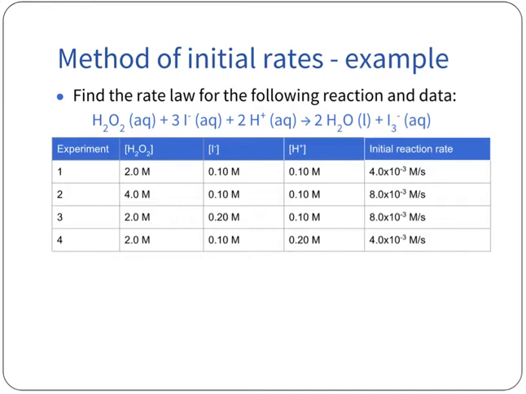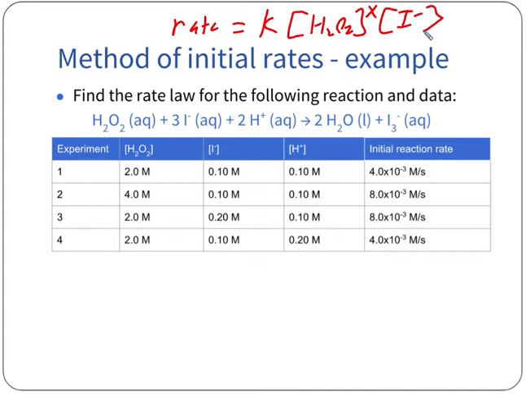We have 3 different reactants, and so that means our rate law in general is going to be of the form K times the concentration of H2O2 to the X times the concentration of I minus to the Y times the concentration of H plus to the Z.